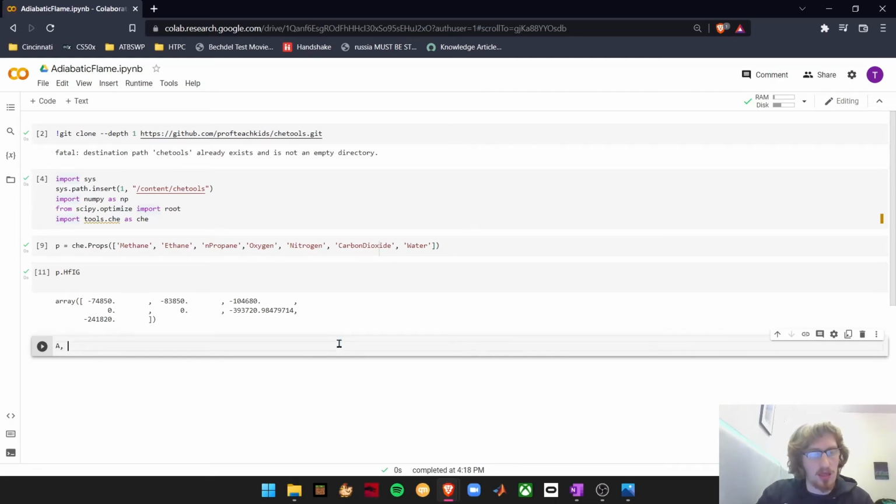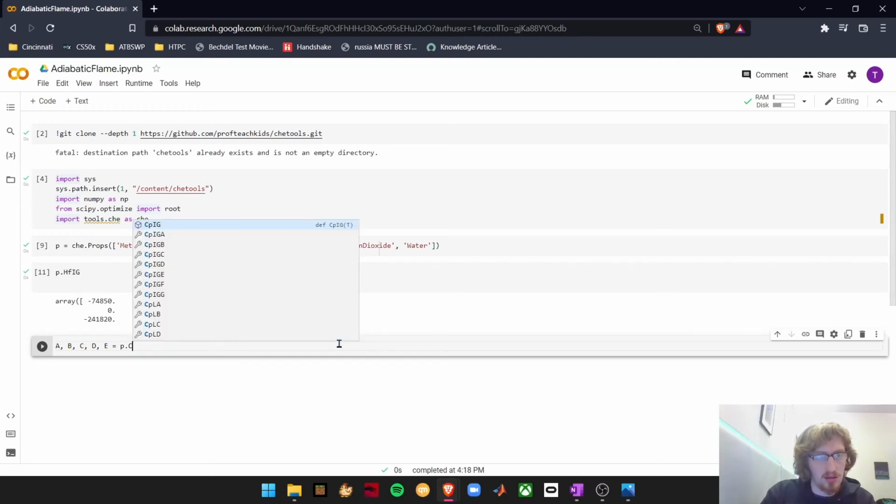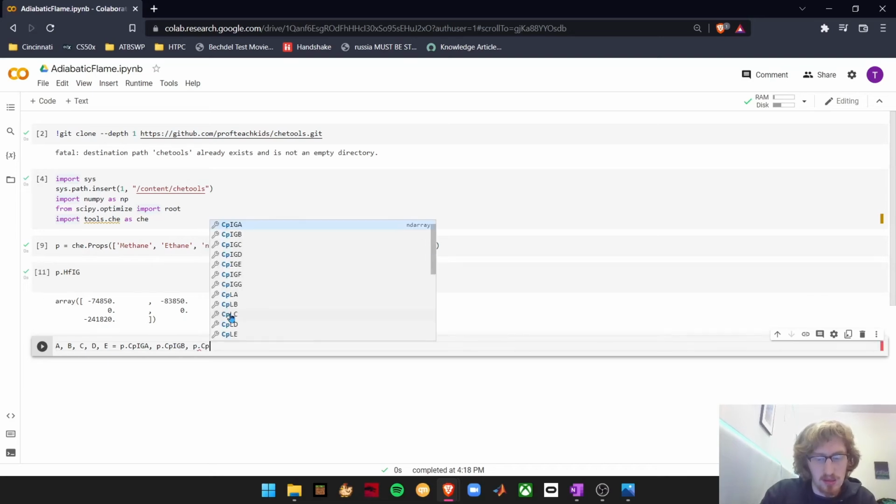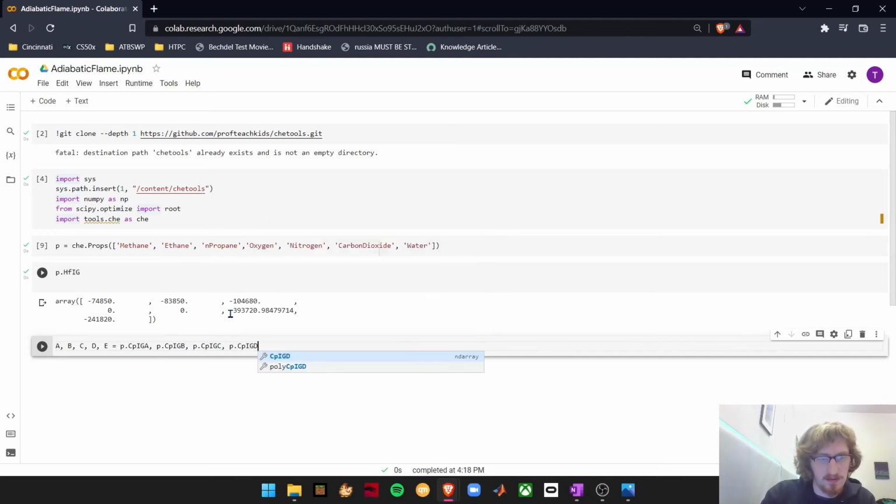So now I'm going to go ahead and define our A, B, C, D, and E, and I'm just doing it this way to clean things up a little bit. They're going to be equal to P.CP, IGA, B, C, D, E. IGB, P.CP, IGC, P.CP, IGD.